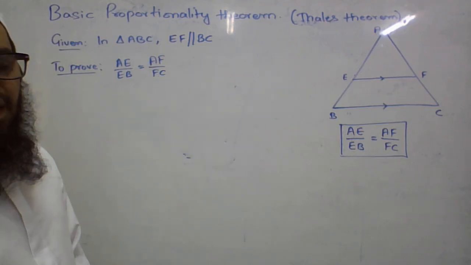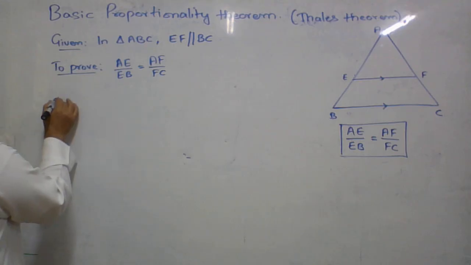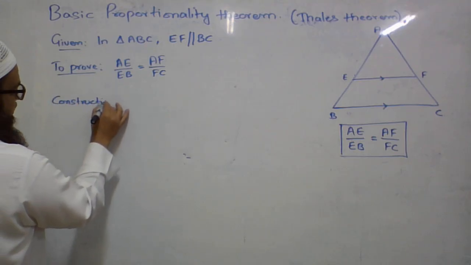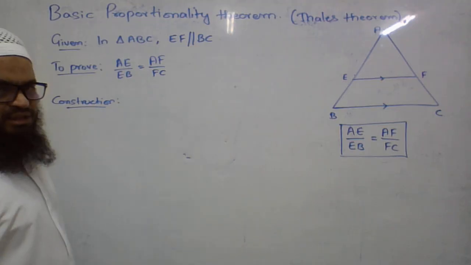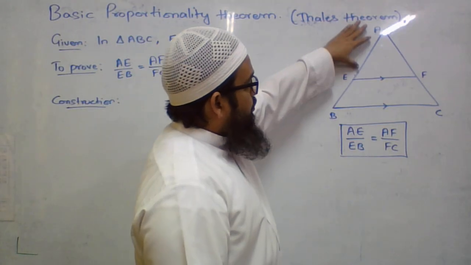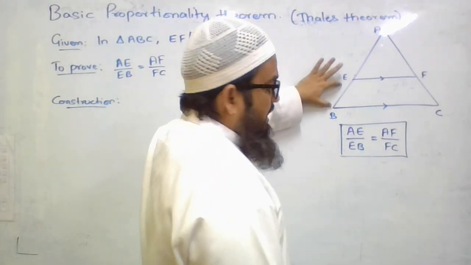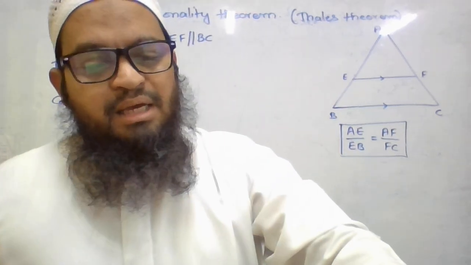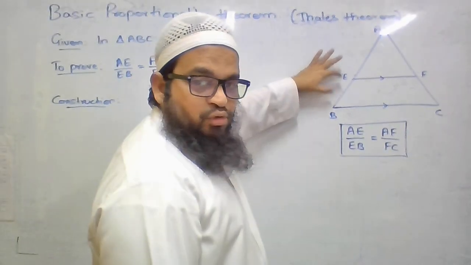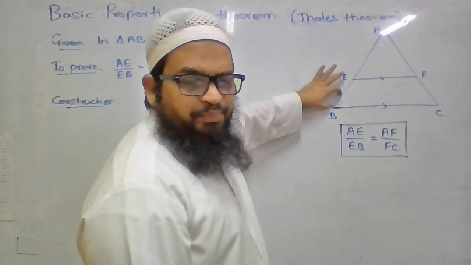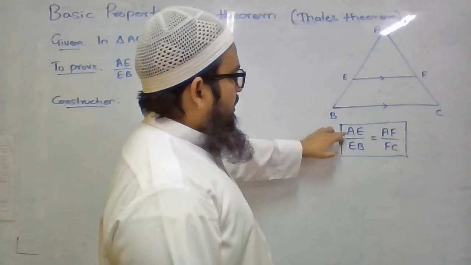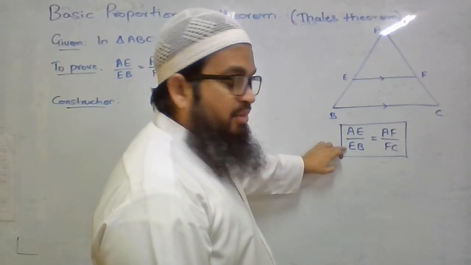So for that you need a simple construction. I will tell you why. If you understand the concept and why I am taking this, then you can do it. See, I have to take AE and EB, right? AE is in the numerator and EB in the denominator.